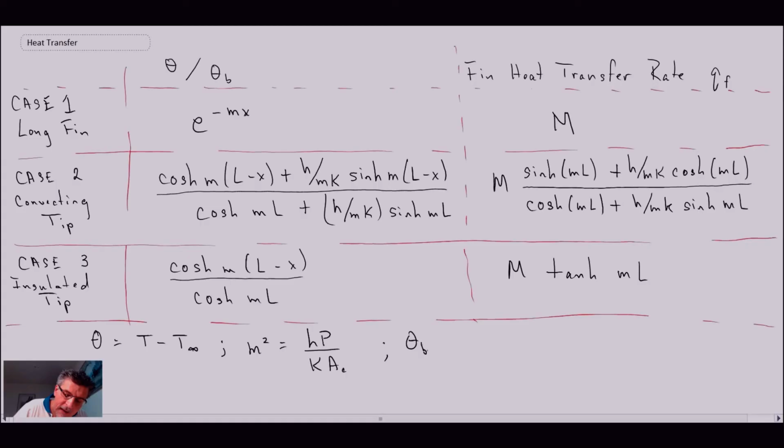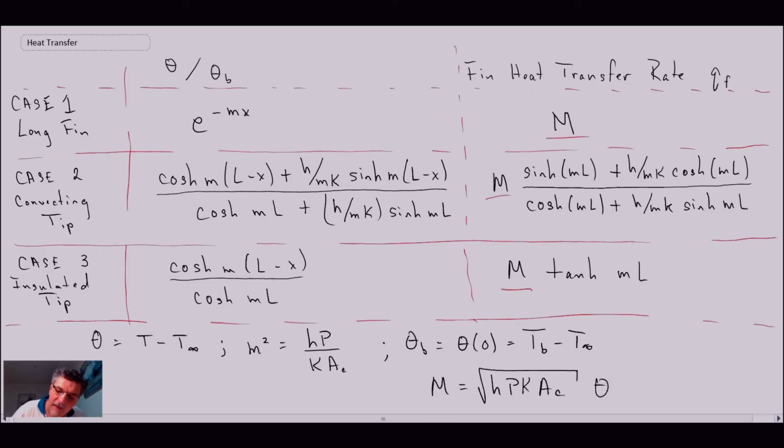Theta b was equal to theta at 0, which is the temperature of the base minus the free stream temperature. And the last thing, I haven't mentioned it yet, but you'll see in the table we have this M term that appears in the heat flux coming out of the base. M is defined in the following manner. So those are the different terms.